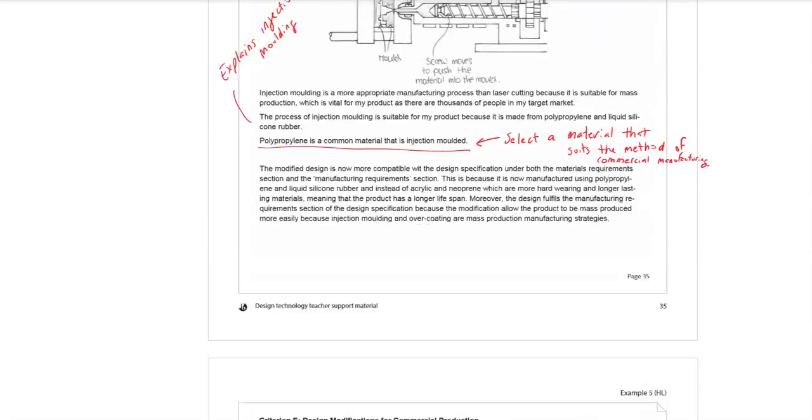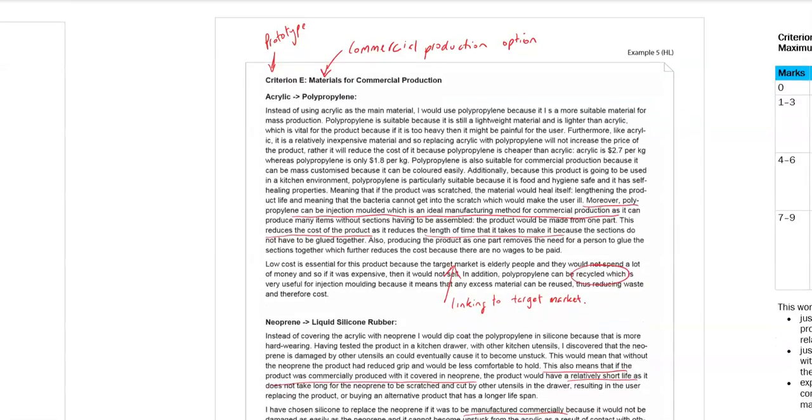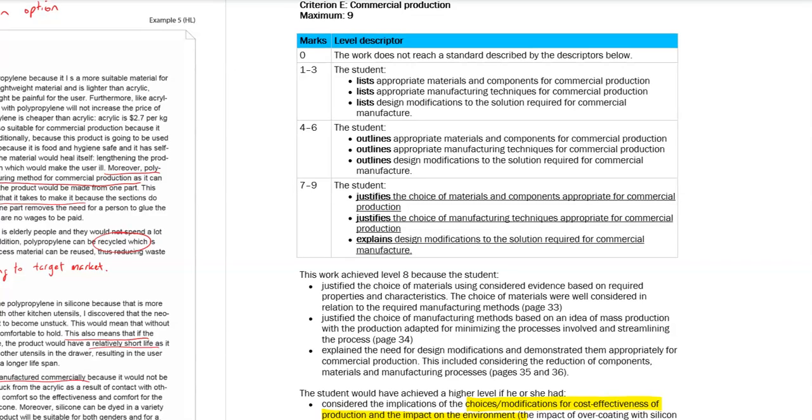And if we just have a look now at how this particular one has been marked. This student has received a level 8, which is in this bracket down here. They justify the choice of material, considering evidence based on the required properties and characteristics of the material.